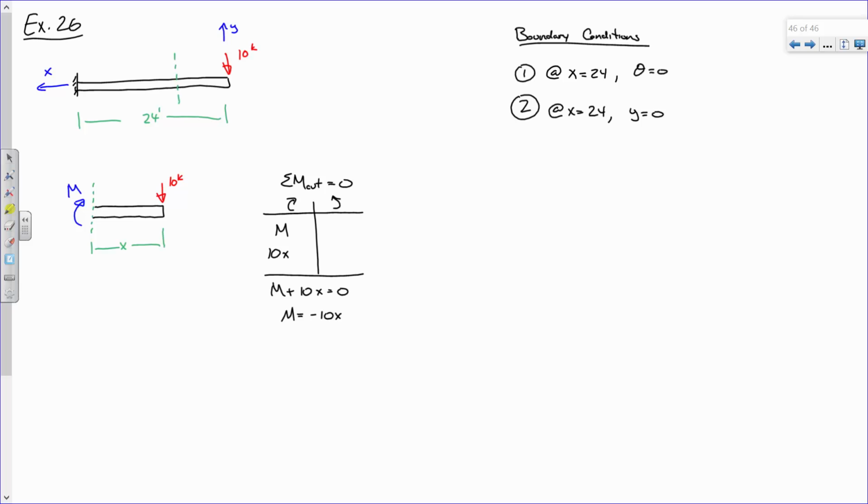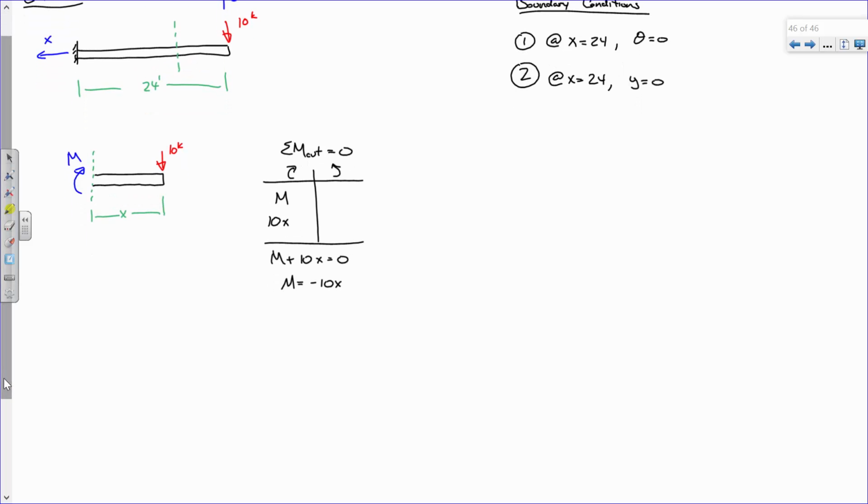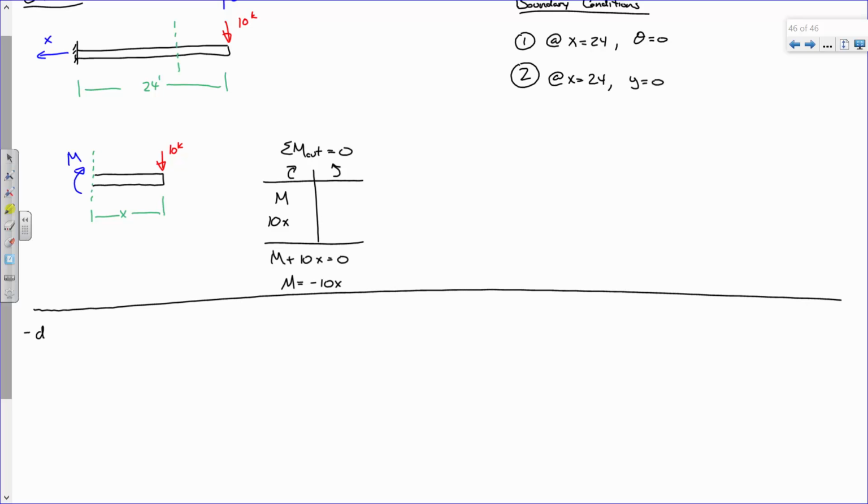Sound good? All right. So let's do this. Direct integration, right? How did we write this last time?